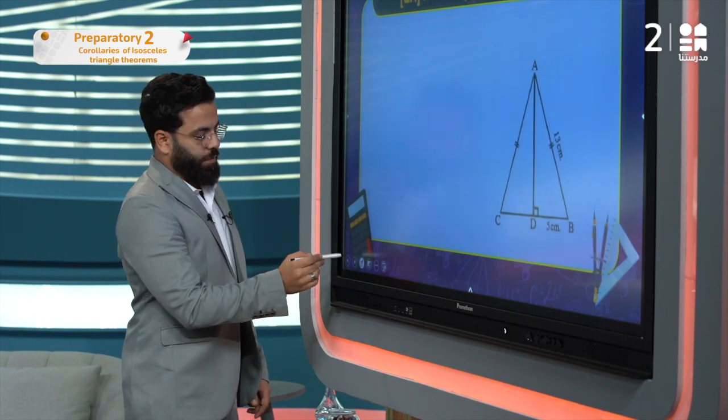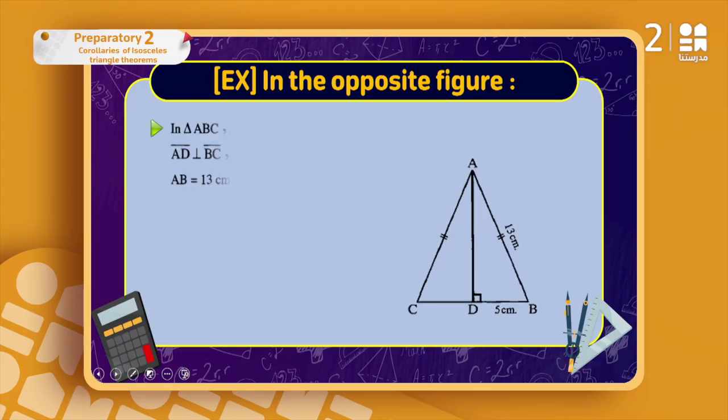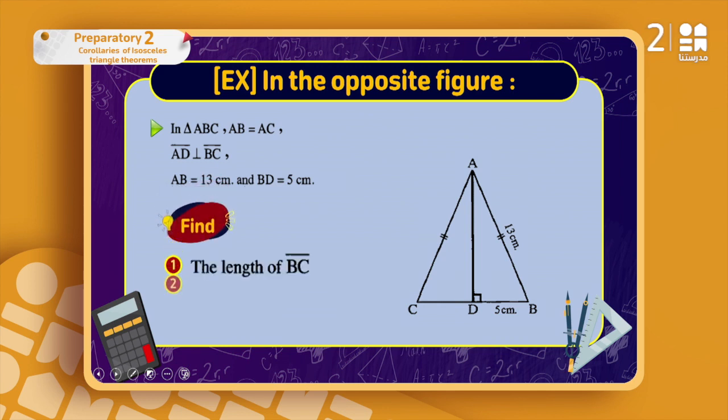The next one. In this triangle, look at the data, the given, and what it asks me. In triangle ABC, as you can see here, AB equals AC, so it is an isosceles triangle. AB equals 13 centimeters and BD equals 5 centimeters.